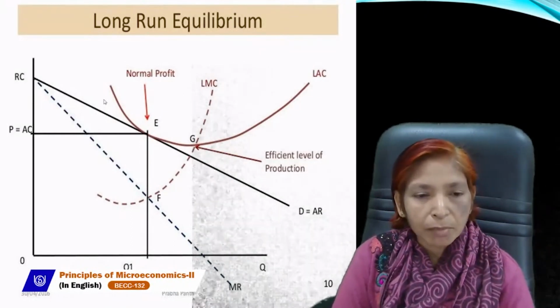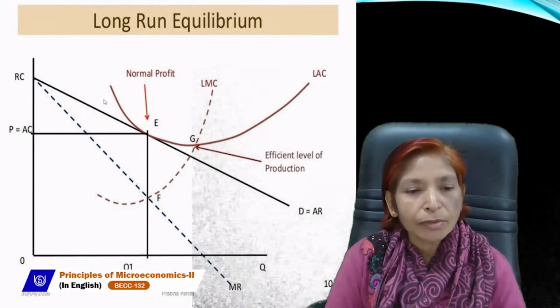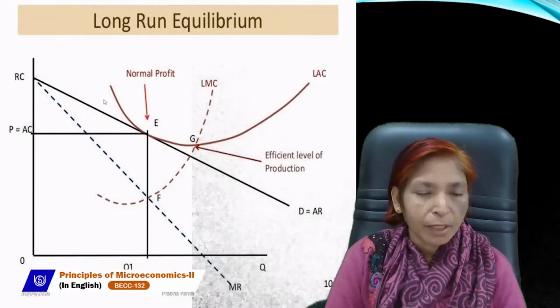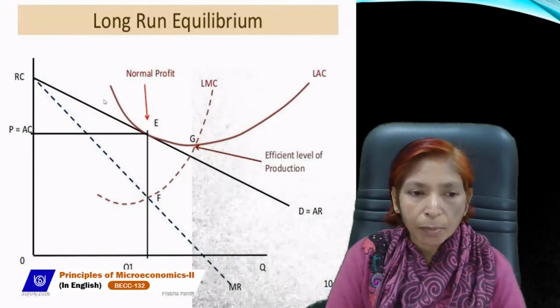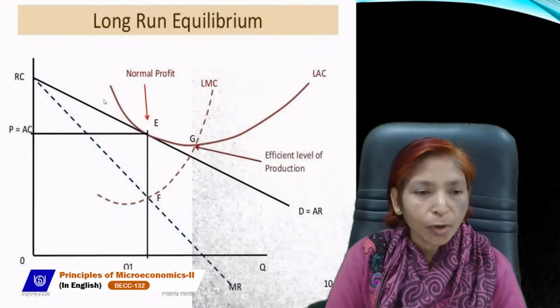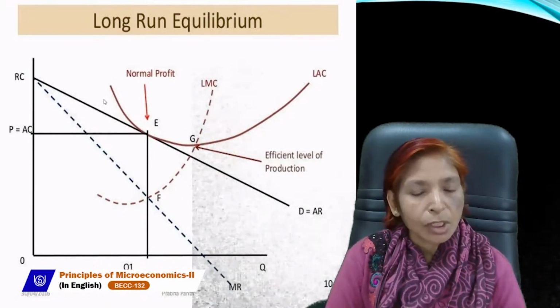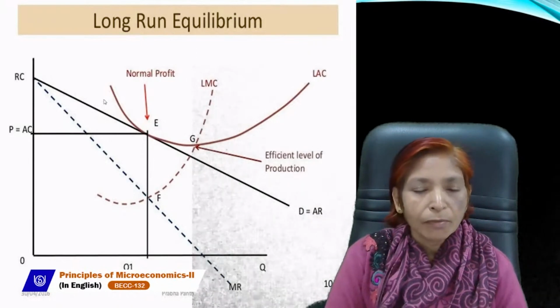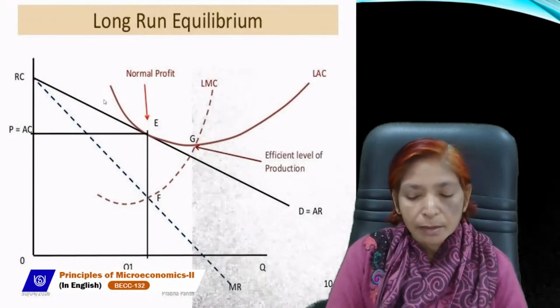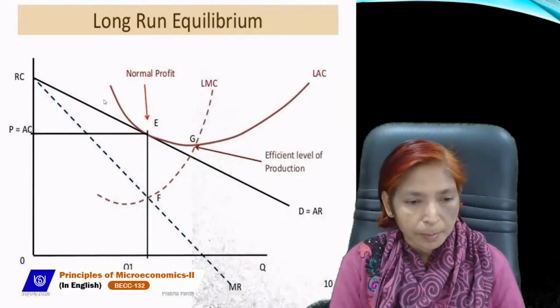Where costs are minimum, that is called the efficient level of production. But we are discussing only normal profit here, so you will draw only at point E, which shows your normal profit condition. The G point will show another situation which lies in this market.